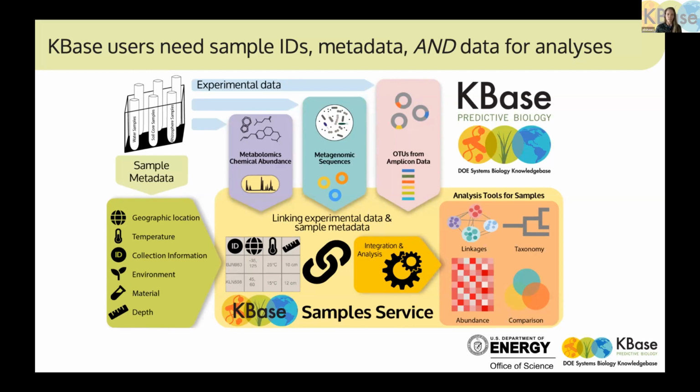So maybe it's chemistry data, maybe it's omics data like genetic sequencing, or maybe it's taxonomic data that they've done. And then provide them enough tools and visualization so that they can recombine those samples in a way that makes sense, all in a reproducible format, link it all together, and then start to do some interesting correlations about how the samples are behaving based on the data that they've contributed.